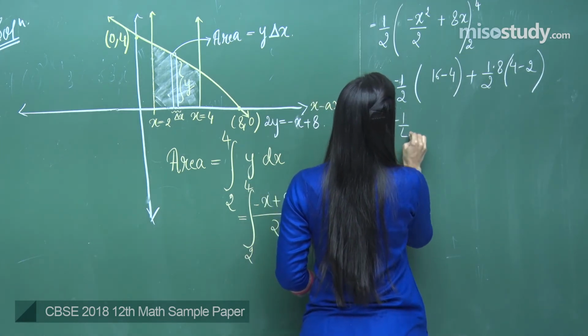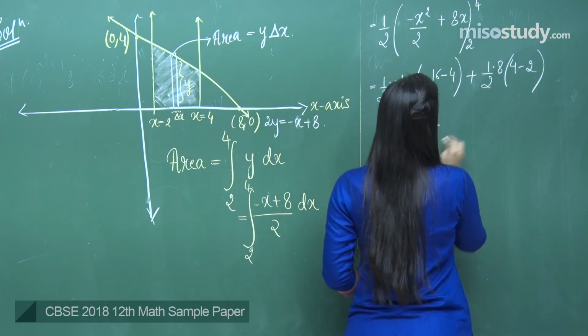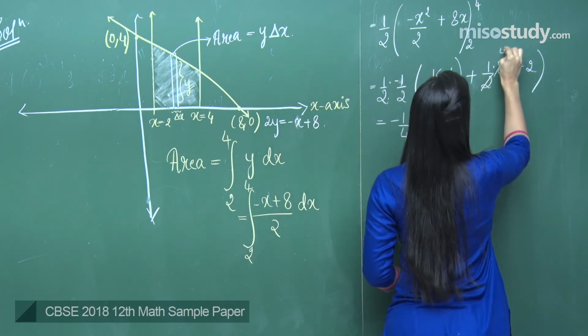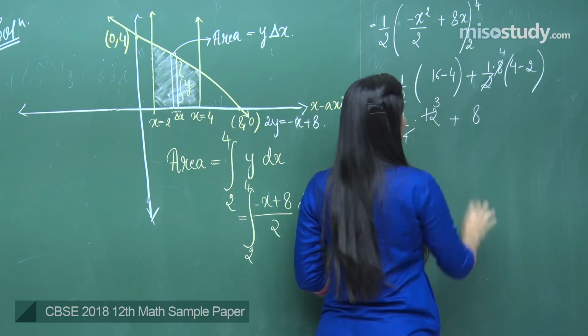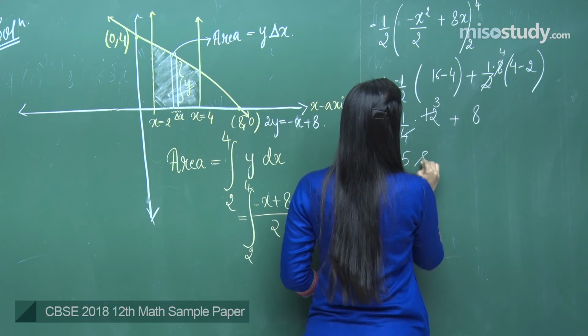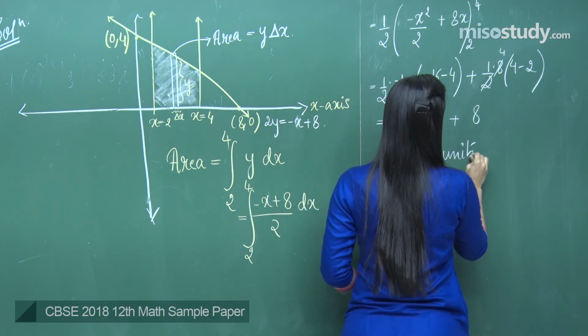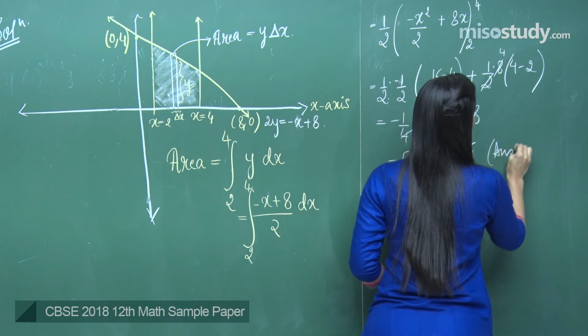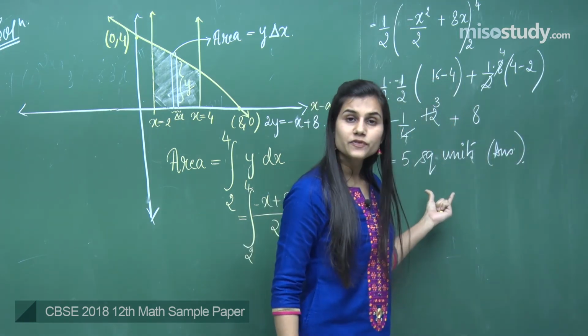You get minus 1 by 4 into 12 plus 4 into 2, that is 8. So you get 8 minus 3, which is 5 square units as your answer. This is what is your answer, which is 5 square units.